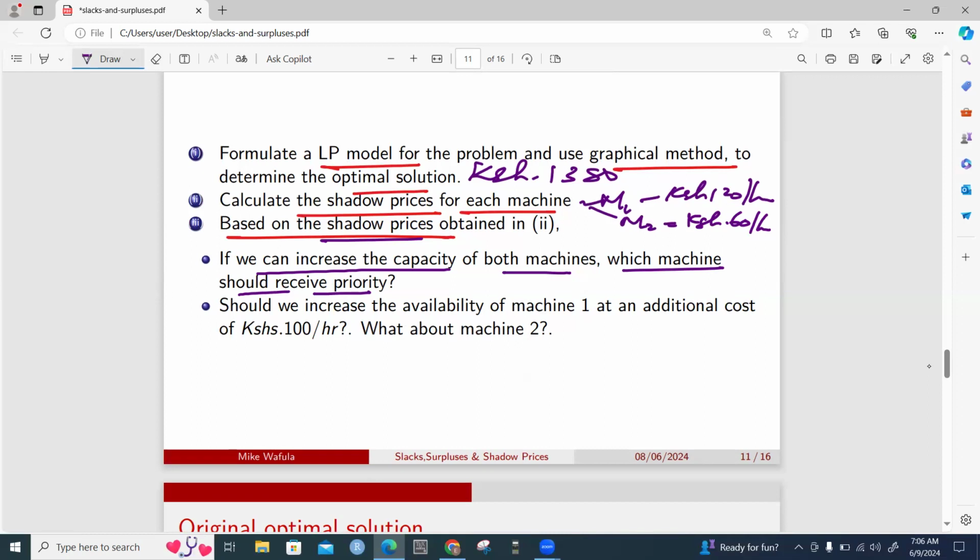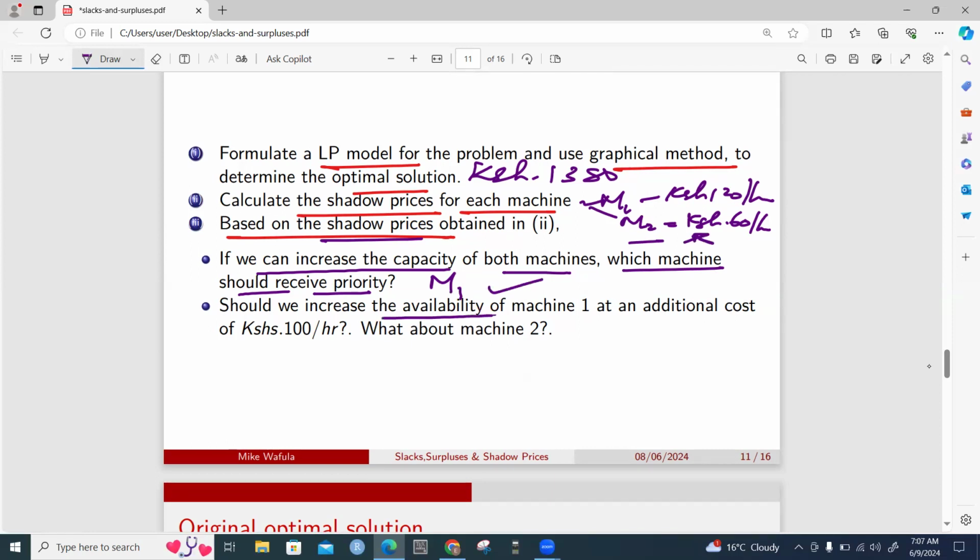For machine 2, 1 extra hour will bring in 60 shillings. So the two are good, but given a choice, we shall give machine 1 more priority because it fetches more profit for every extra hour compared to machine 2.